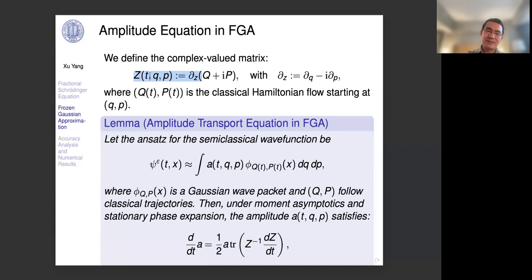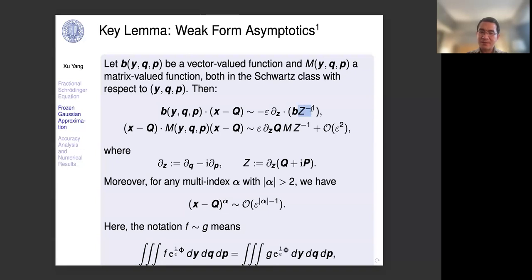And this Z describes the dilation of this distribution in the complex sense. So capital Z is the matrix, and the partial of little z is kind of like a gradient. It's a gradient with respect to the initial position, and a gradient with respect to the initial momentum. And it's complex valued.